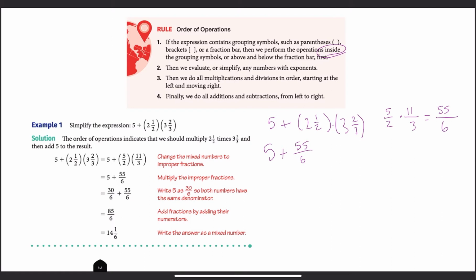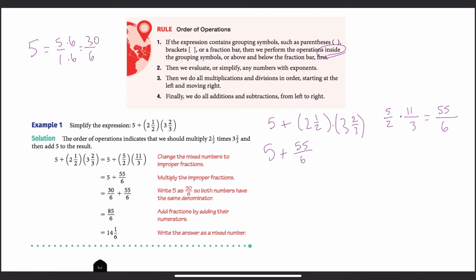Now probably the easiest thing to do at this point is to turn our whole number into a fraction with a denominator of 6. Remember that 5 is 5 over 1. If I want that to have a denominator of 6, I have to multiply the 1 by 6, so I have to multiply the top by 6. 5 times 6 is 30.